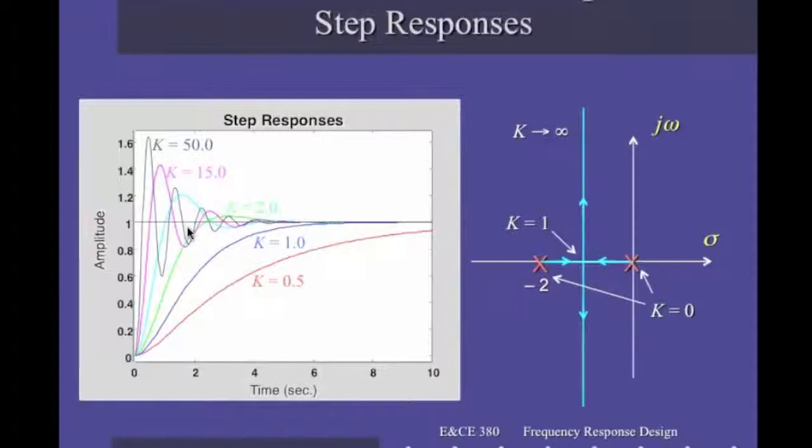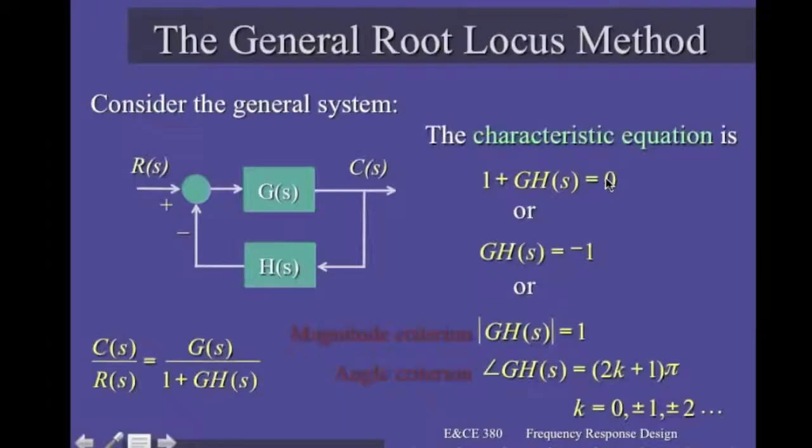The root locus technique will enable us to understand when and why a system in the closed loop configuration may turn from BIBO stable into BIBO unstable. The characteristic equation is 1 plus G open loop of S equal to 0.